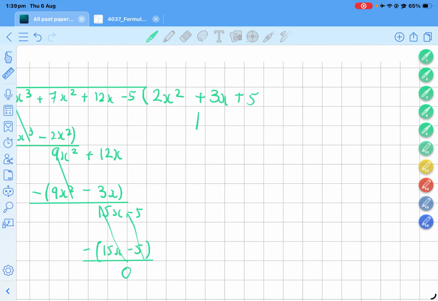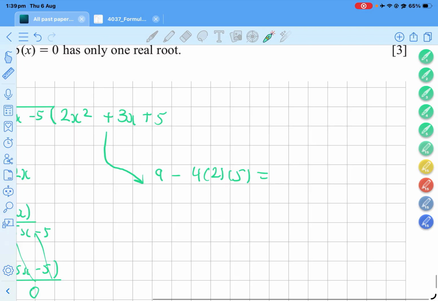So for this, what would you do? b squared minus 4ac, the discriminant test. Which is this thing, b squared minus 4 times a times c.